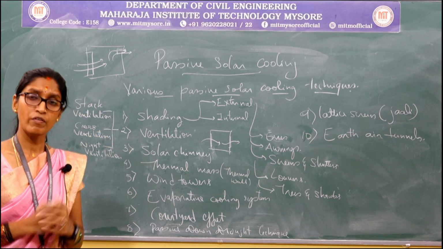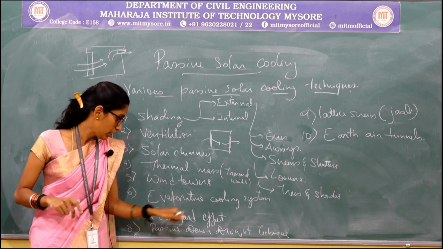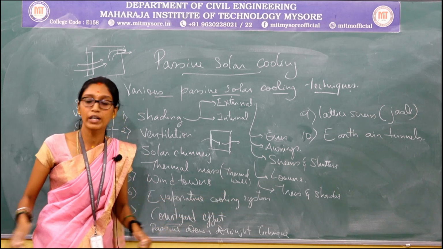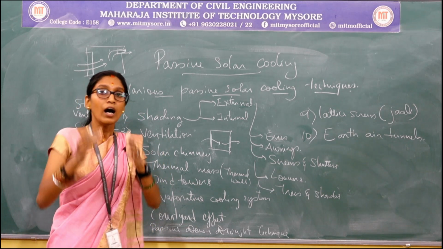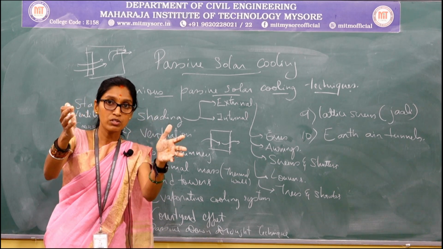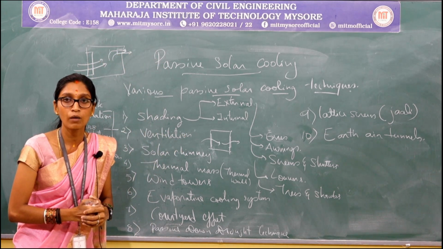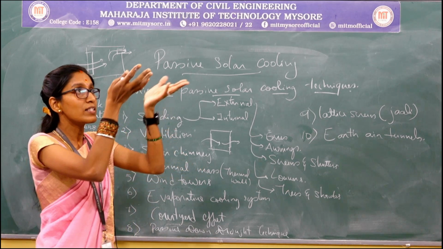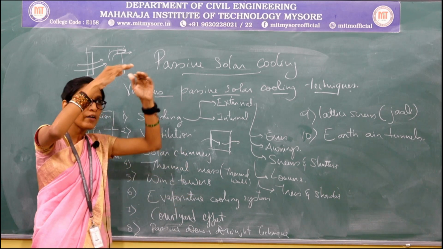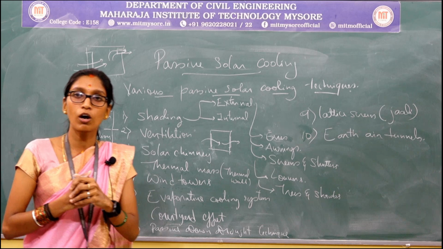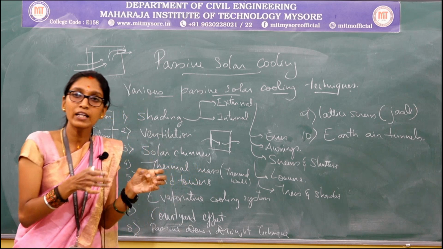And we have got various tools and techniques in order to have a good evaporative cooling system. What are those? By utilizing natural trees and shrubs, by utilizing sprinklers at the top, by utilizing a cellulose pad at the top, or by even having roof ponds at the top, by even having conduits which carry the water.